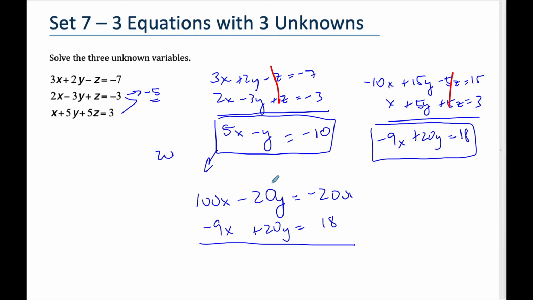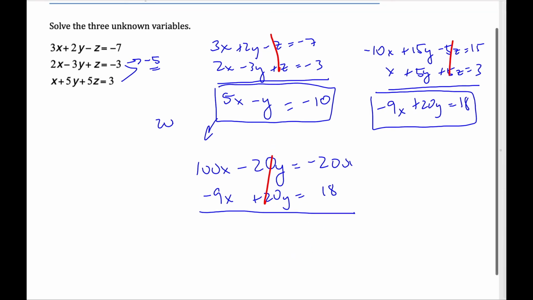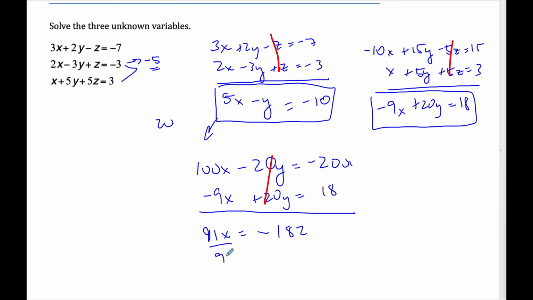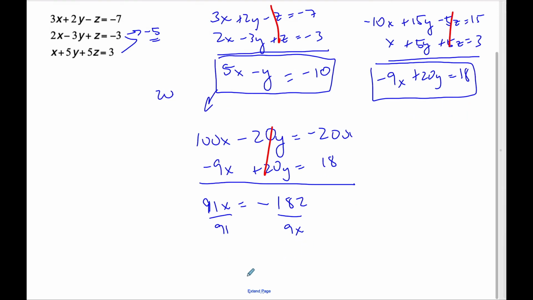And again, I eliminated y. And when I see what's left, I have 91x is equal to negative 182. Dividing by 91, which is a big division, x ends up being negative 2.